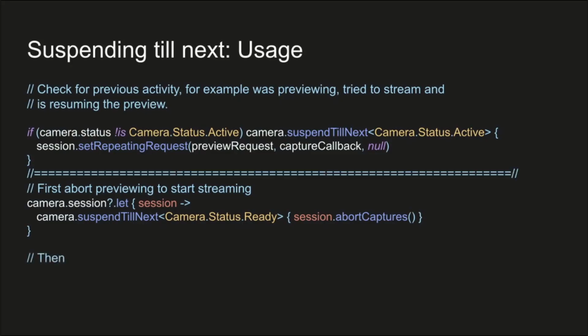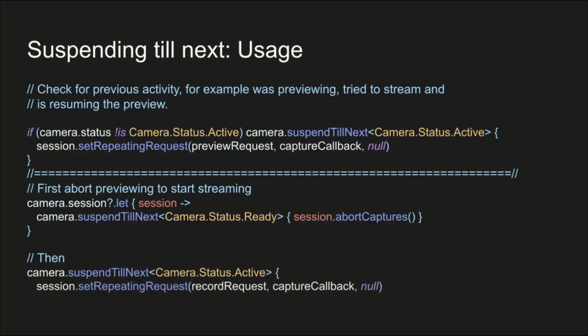So at the time this method resumes invocation, as soon as the suspension is off, I can now suspend till the next time the camera is active. It's actively processing my request, and my trigger is set the repeating request to record. And by the time this function resumes, I am now recording.